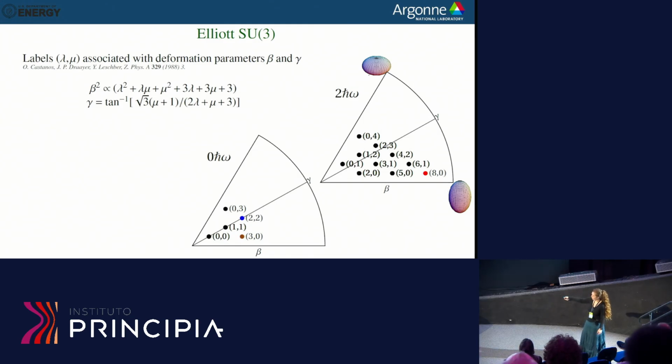What's shown here are beta-gamma plots, where along this bottom axis, where gamma equals 0, you would have a prolate shape. If you went all the way up to the maximum gamma at 60, you would have an oblate shape, and maximal triaxiality happens at around gamma equals 30. And these different points show what the associated beta and gamma are with different SU3 symmetries.